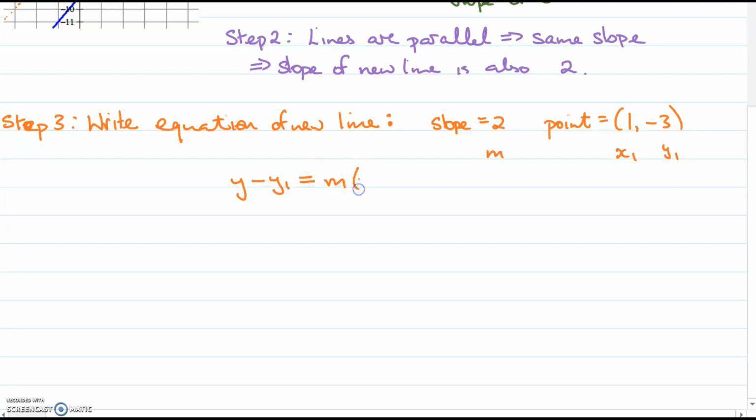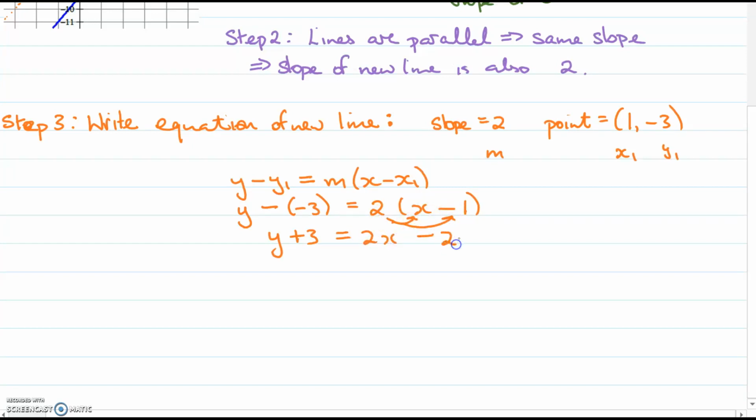y - y1 = m(x - x1). So that will be y - (-3) = 2(x - 1). So y minus minus 3, minus minus is plus, so y + 3 equals, and if we distribute here, we get 2x, 2 by -1 is -2.